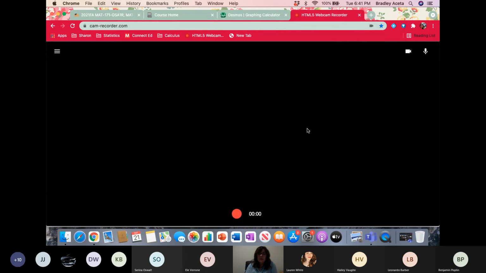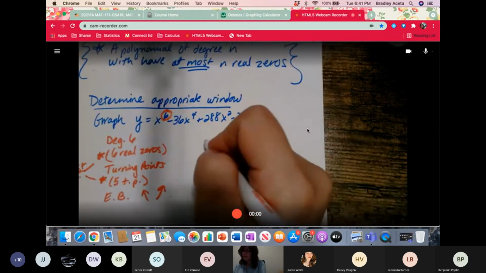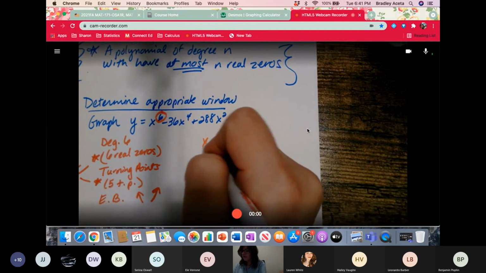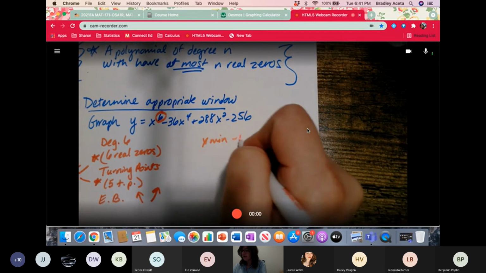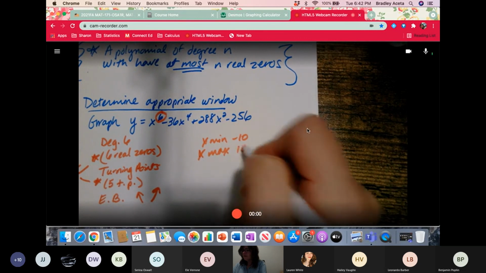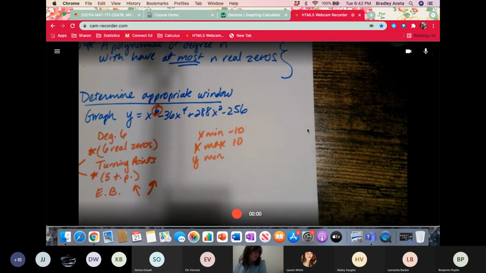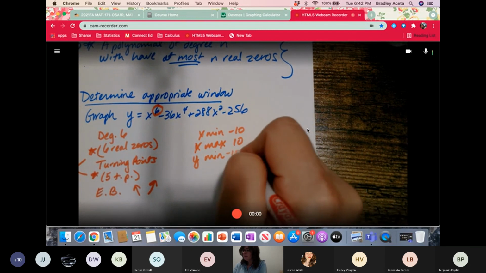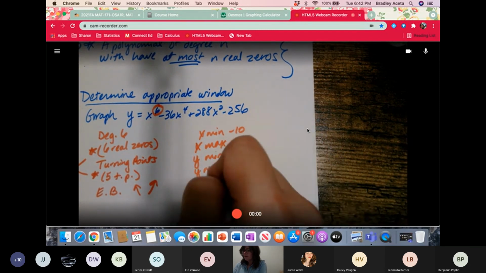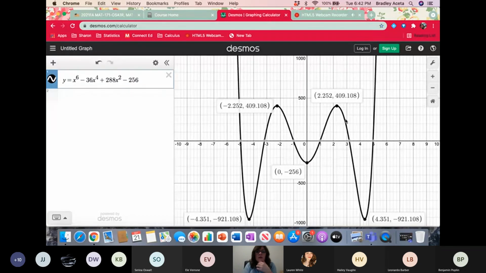So I'm going to say my window scale. Let me go back to my writing here. It looks like I had an X min of negative 10, an X max of 10, a Y min of, I think I did negative 1,000, and a Y max of 1,000. And let me see what it went up by actually.